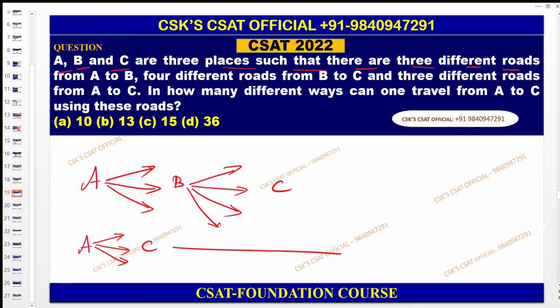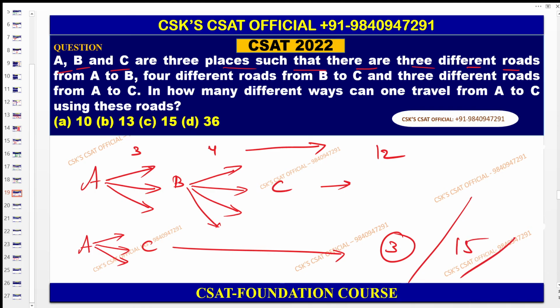Now try to understand, this is direct 3. Now here, how many ways? 3, here 4. Multiply, M job and N job, both the jobs. So M into N becomes 3 into 4, 12. The total becomes 15. Getting everyone?